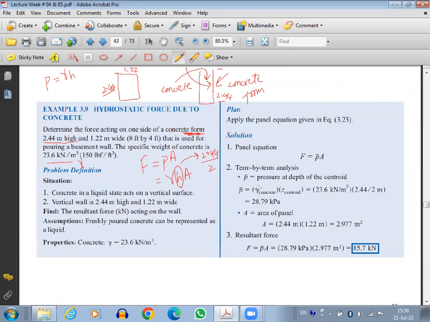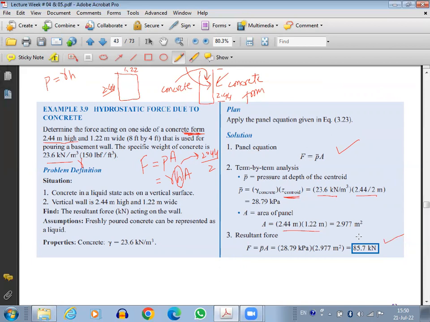So you can see here, force is pressure into area. Pressure is gamma into z of centroid. So we are using centroid to calculate the force. So 23.6 multiplied by 2.44 divided by 2, multiplied further by the area, which is 2.44 into 1.22. So we are going to get the hydrostatic force on the concrete.